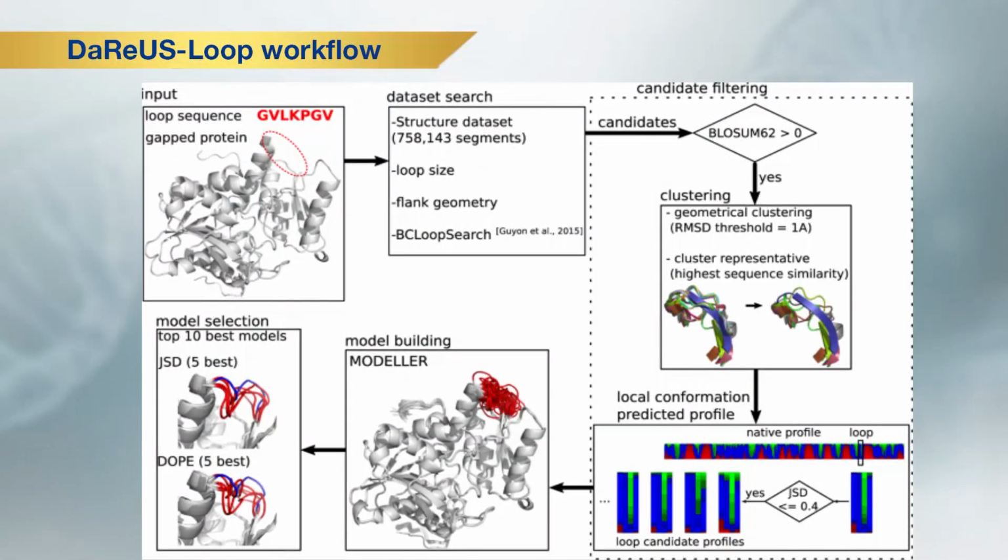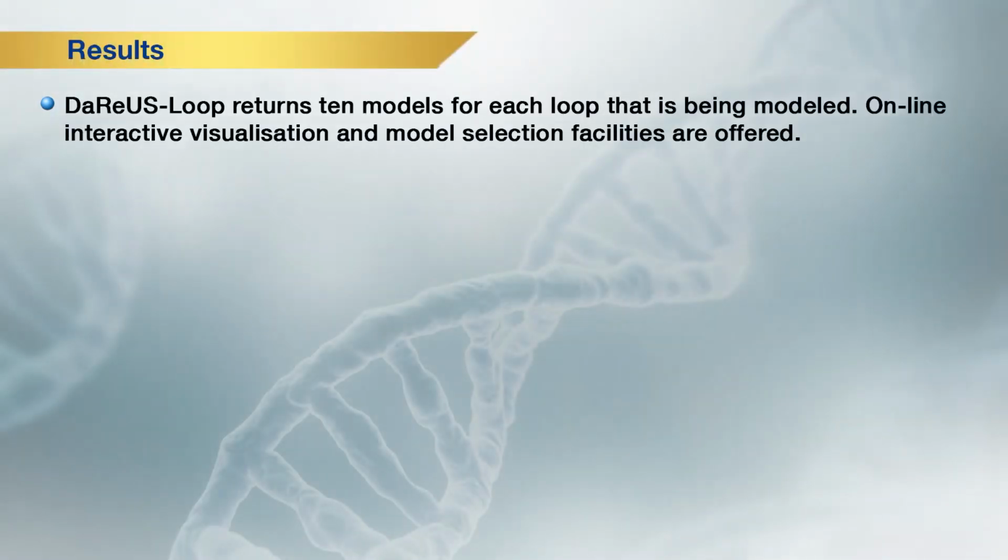Darius loop workflow. Now let's see the workflow and what results we receive after giving this input. This server returns 10 models for each loop that is being modeled. Online interactive visualization and model selection facilities are also offered.